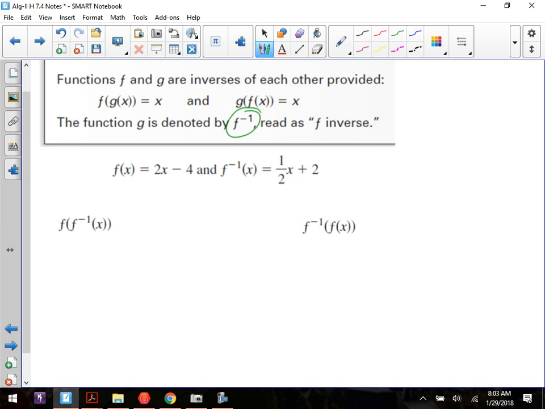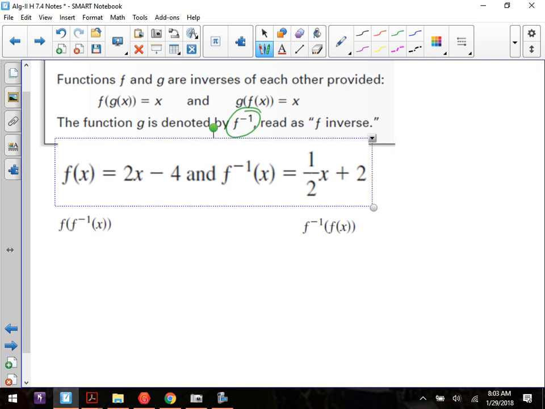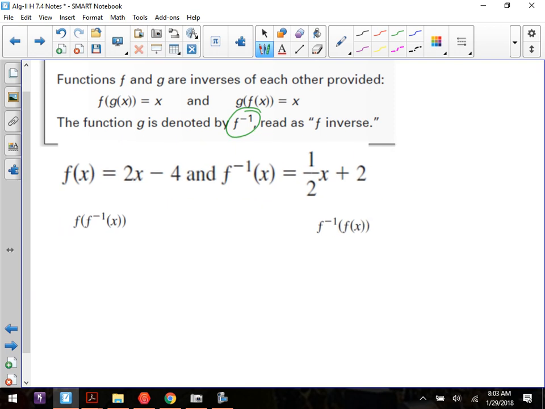So to verify that these guys are in fact inverses, this just stands for f to the negative 1 of x. That just stands for the inverse of f. So they're telling you that here's your f equation, and here's the inverse of it. If in fact they are inverses, when you substitute in one for the other, you should always get x.